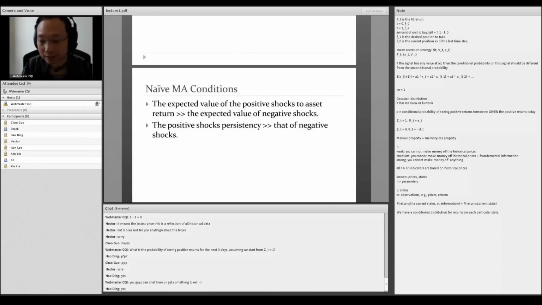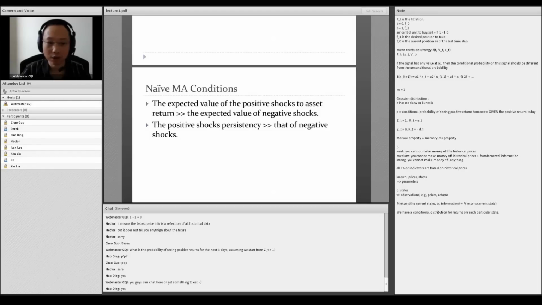Now, these two statements make sense, but these are not concrete enough because, for example, we still don't know how much bigger the positive return needs to be than the negative returns for this strategy to make money. And we also do not know how much more consistency the positive shocks need than the negative shocks before we can make money.